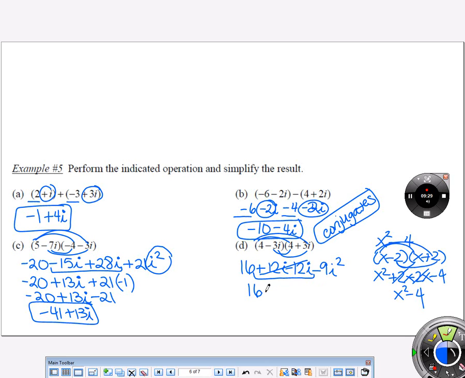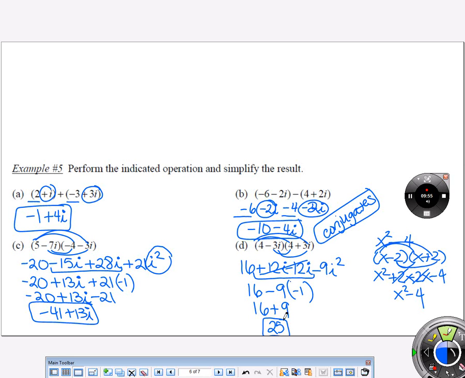So we have 16 minus 9 times i squared. And remember that i squared is valued at -1. So this is really like having 16 plus 9, which is 25. So again, this is the important part about the complex number system, is that they have this distinct connection back to the real numbers.